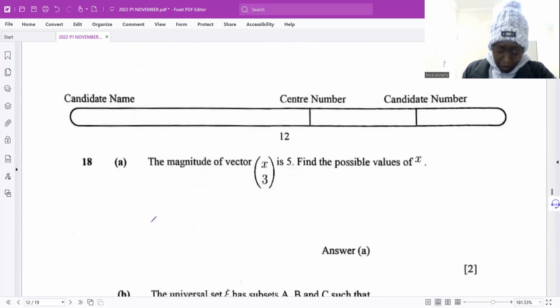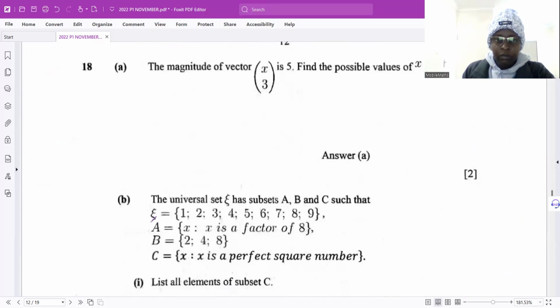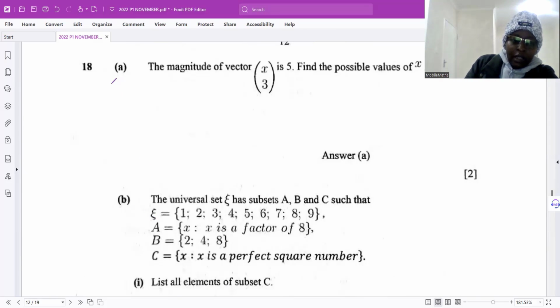Fine. Let's move on. Number 18. The magnitude of the vector is 5. When we say magnitude, I can say square root of x squared plus 3 squared is equal to 5. To remove the square root sign, I square both sides, so I have x squared plus 9 is equal to 5 squared, which is 25.